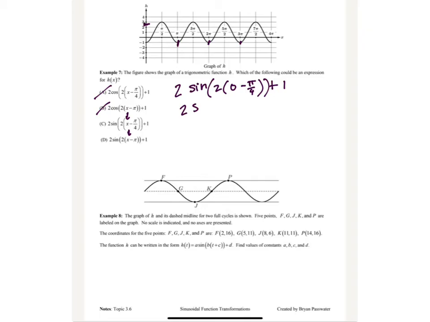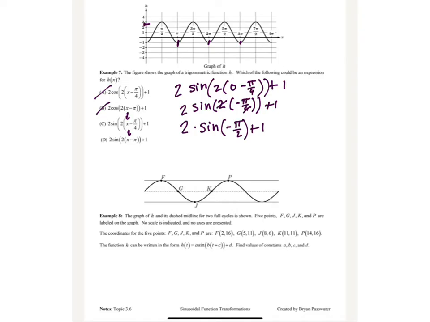Okay, so I've got 2 sine of 2 times 0 minus pi over 4, which is negative pi over 4, plus 1. Okay, I'm evaluating. 2 times sine of, this is 2 times negative pi over 4. What happens with the 2 and the 4? Now they're negative pi over 2 plus 1.